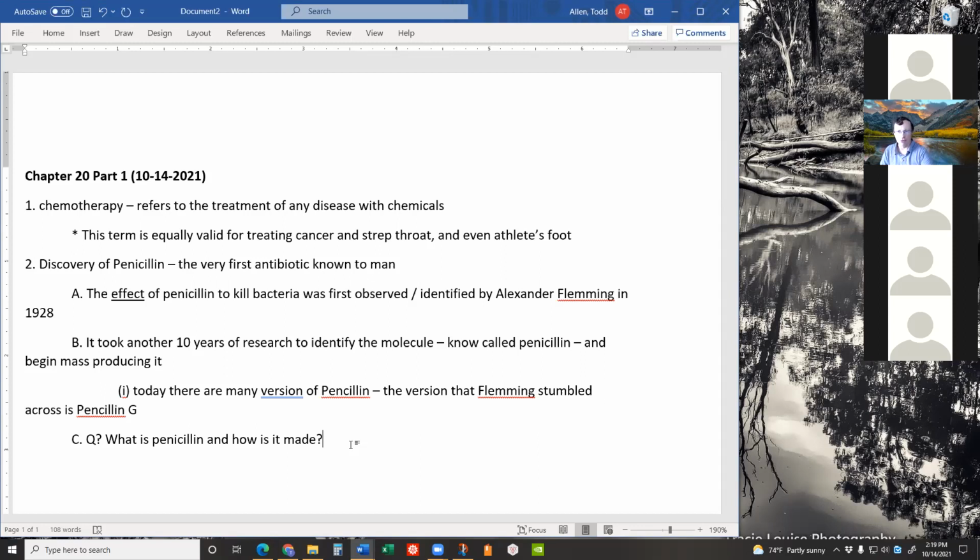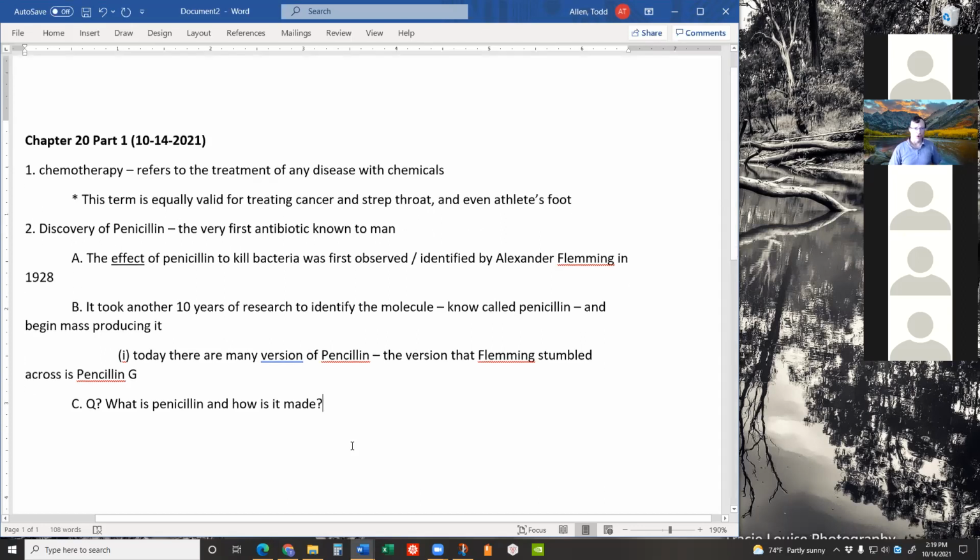I'm talking about Mother Nature's germ warfare, where one species of cell manufactures a poisonous substance which kills other cells that the first cell doesn't like. That is really what penicillin is, and that is how it is made naturally in the cells that Mother Nature has evolved and created.